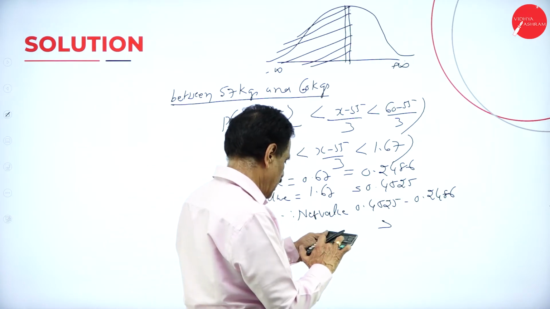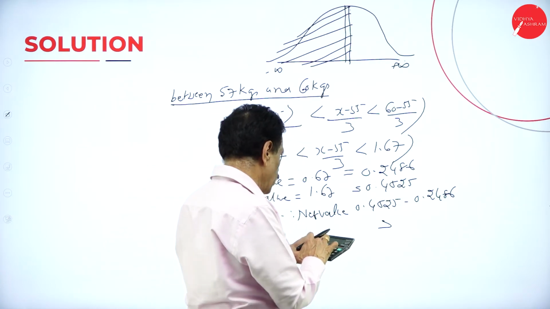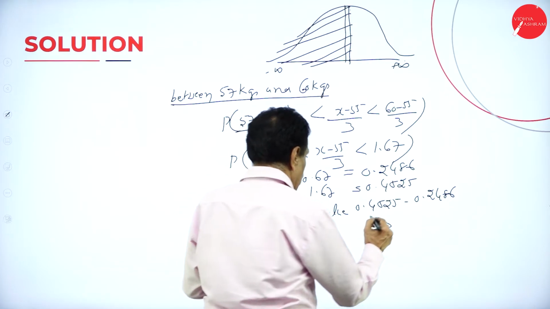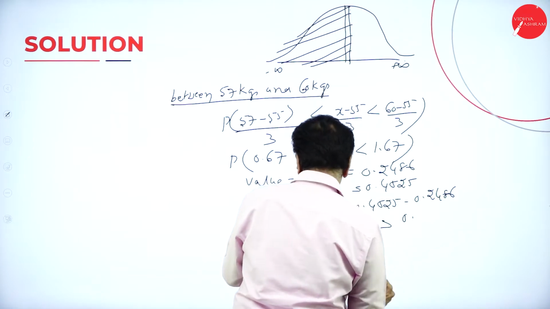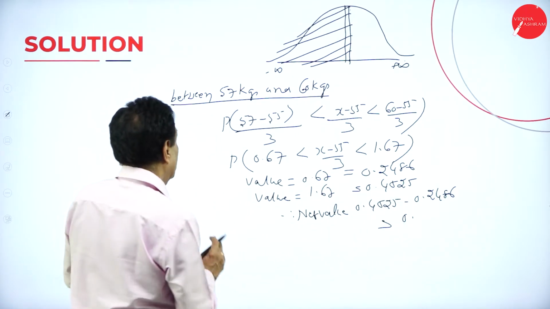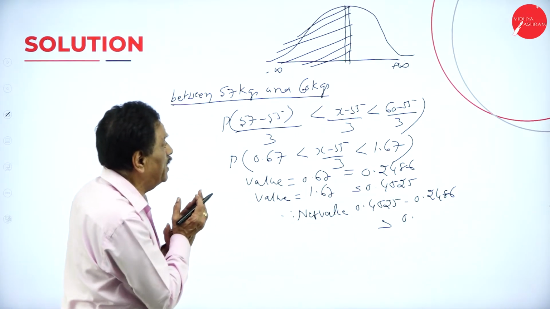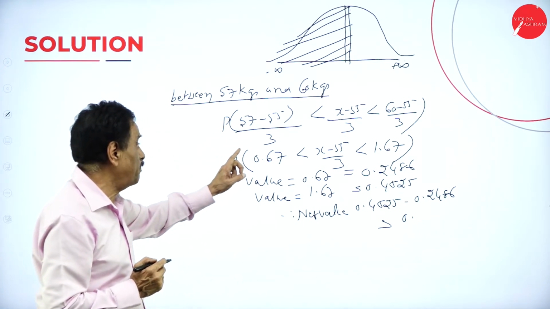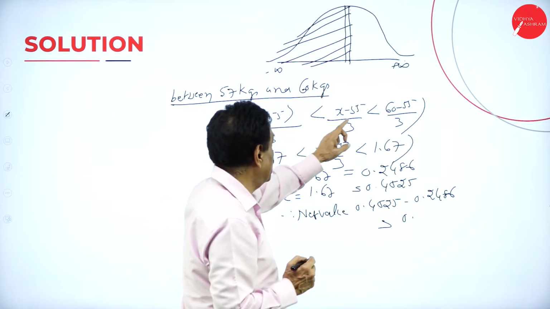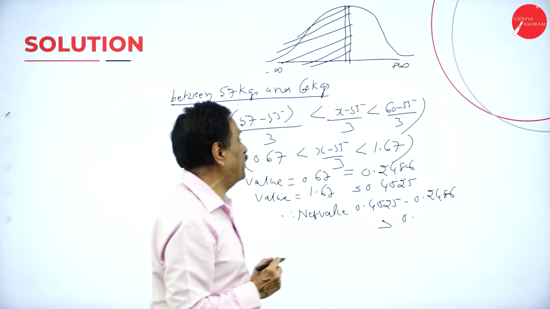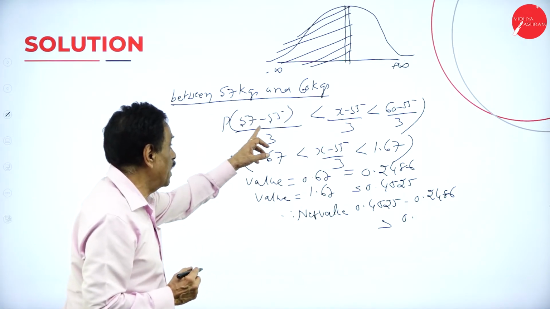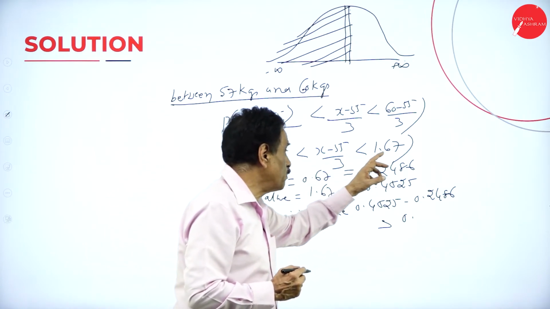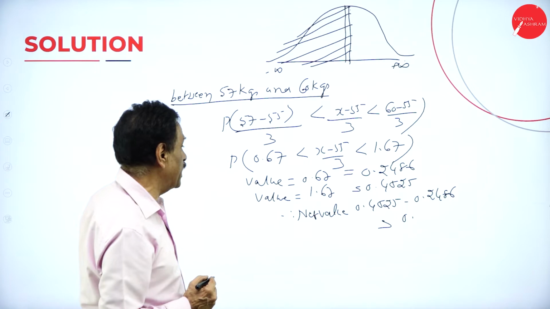Now we are discussing between 57 kgs and 60 kgs. 57 minus 55 divided by 3, x minus 55 divided by 3, 60 minus 55 divided by 3. So 2 divided by 3 is 0.67, less than 1.67.